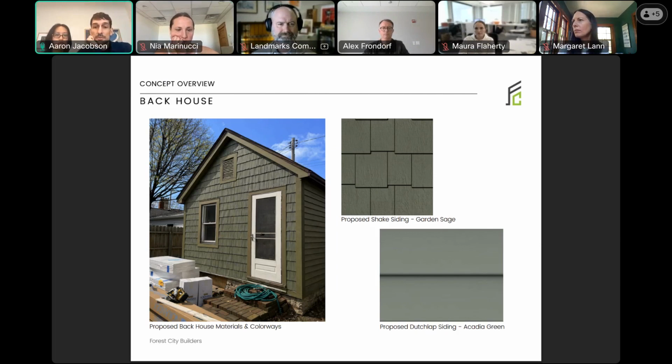The back structure, we already have vinyl on that back alley wall. Is it something that we need to replace? We just had an applicant within the last two months put vinyl up without any permission, and I believe, but Dan can correct me, Landmarks required that vinyl on the public facing side be taken off and replaced with a more historically appropriate material.